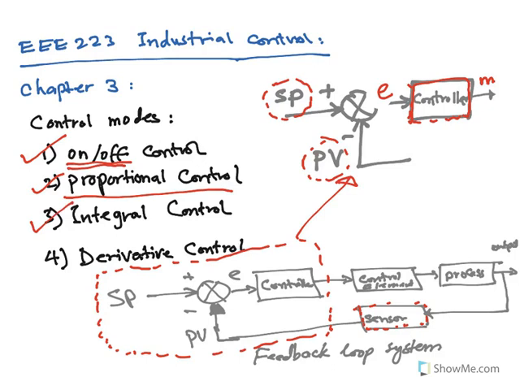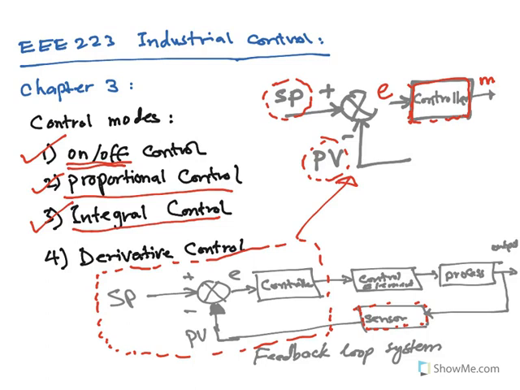Here in the integral part, the controller output is proportional to the integral of the error, and we have already discussed this in class. However, the integral control mode has the disadvantage that it can cause an oscillatory response or fluctuation in the output, or it can make the process very slow.